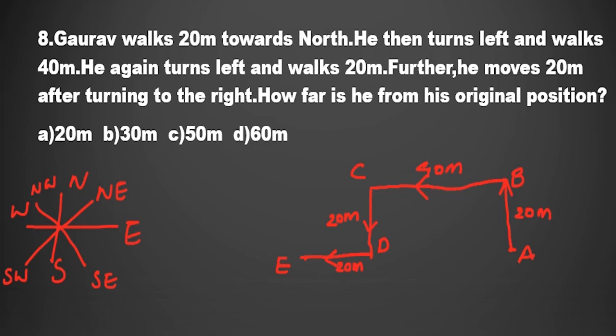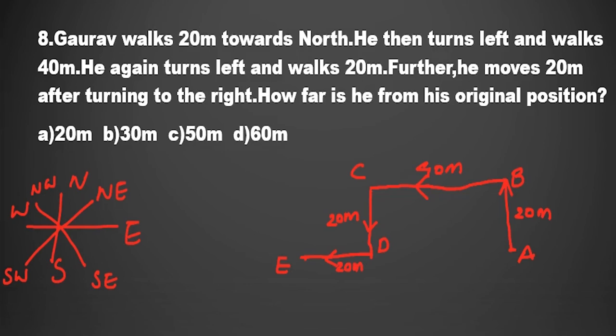The left of C is southwards, and he walks 20 meter southwards up to point D, and he moves 20 meter after turning to the right, and from D he again turns right, west direction, up to E, and the distance is 20 meter.